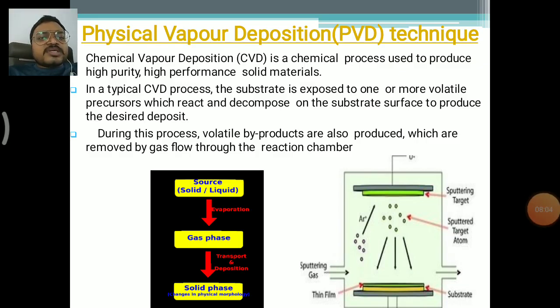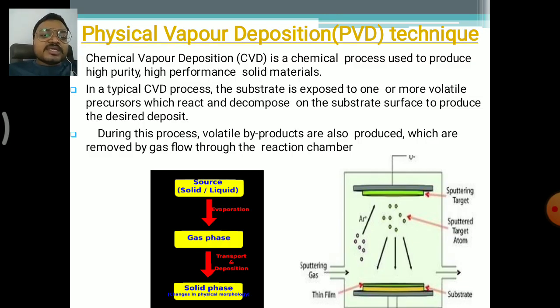Physical vapor deposition produces high purity, high performance solid materials. Coming to the picture, on the left side, first is the source, that is the solid or liquid form of a material. During evaporation it changes to the gaseous phase.